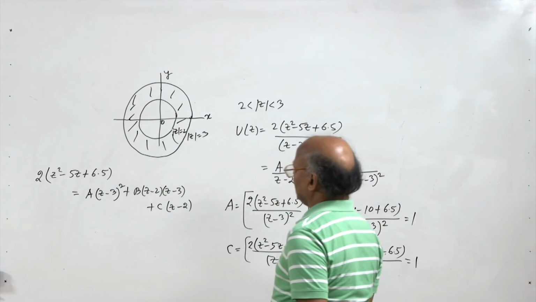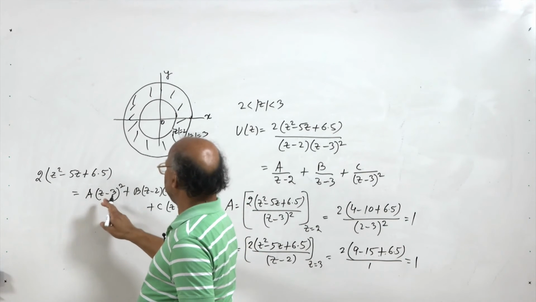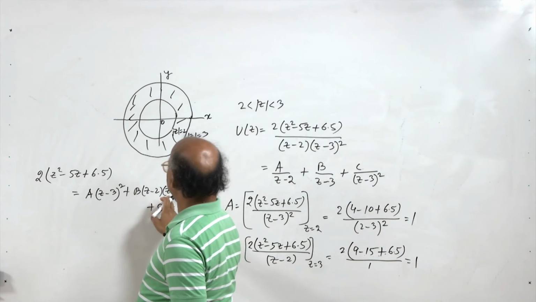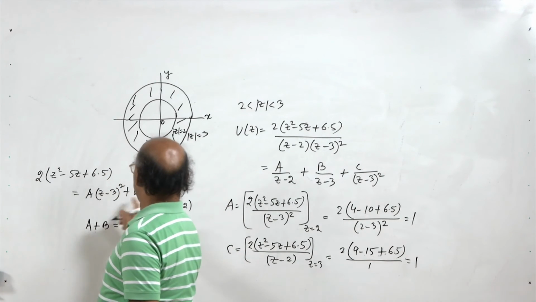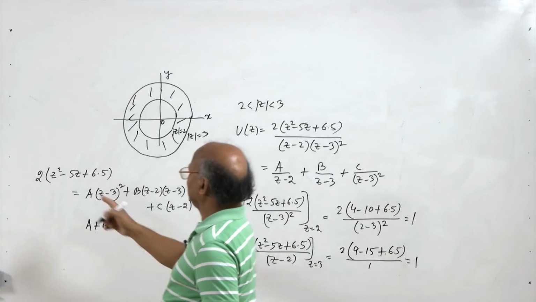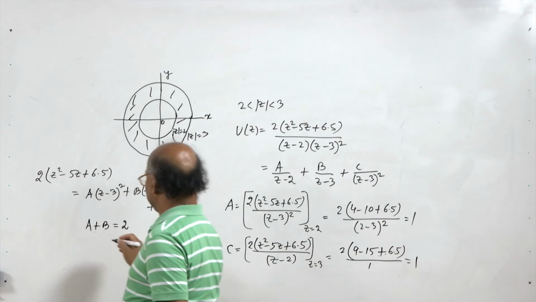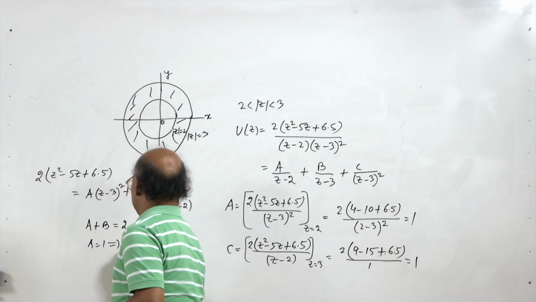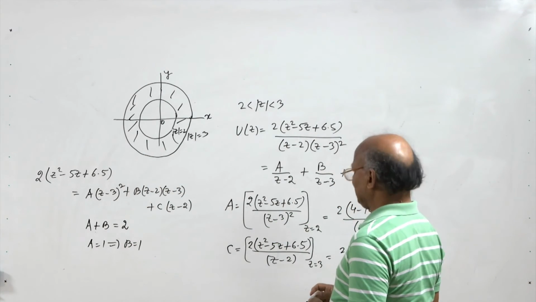Now, let us equate the terms containing z² on both sides. The coefficient of z² on the right side is A + B, and on the left side it is 2. So A + B = 2, and A we have got already equal to 1, so A = 1 gives us B also equal to 1. So A, B, C here are all equal to 1.